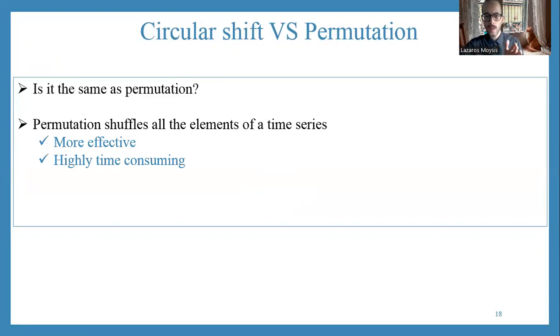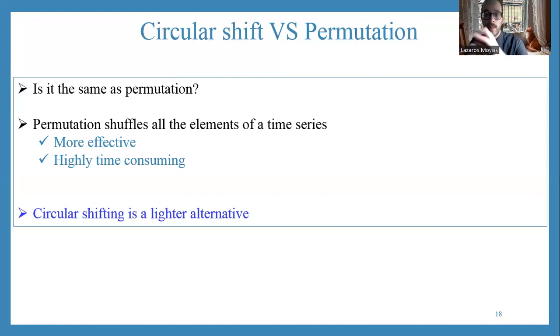Since in classic permutation we apply shuffling to all of the elements of the time series, this is much more time consuming. Of course, it is more effective. It's like taking a deck of cards and having a complete shuffling of the deck. So it is very secure, but it is extremely time consuming. So this circular shifting we apply here to create false attractors, we can consider a lighter alternative to full-on permutation.